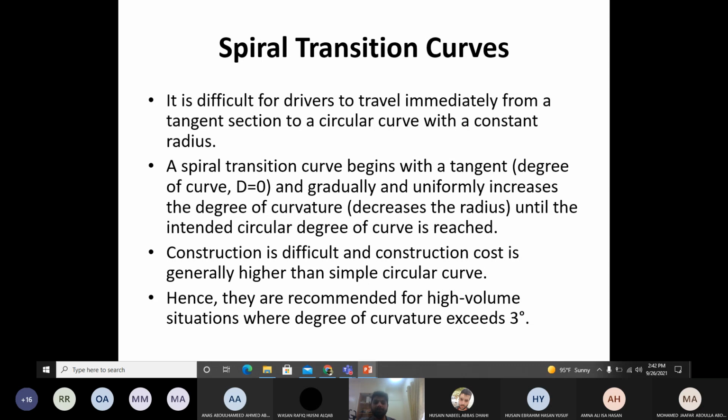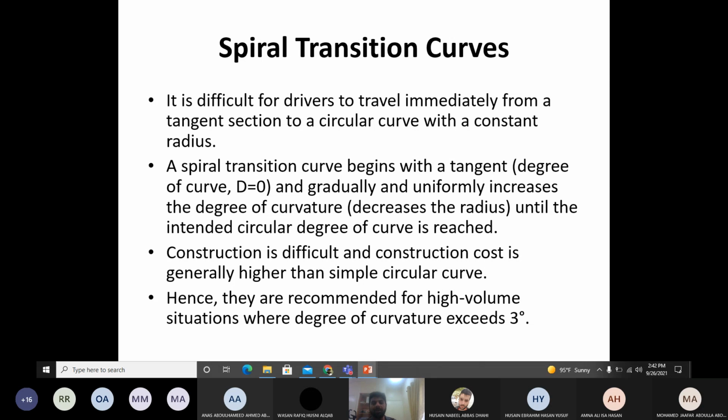The problem with the spiral transition curve, as I already told you, is that its design is more complicated than a circular curve. It incurs more construction cost, so we don't provide it unnecessarily.